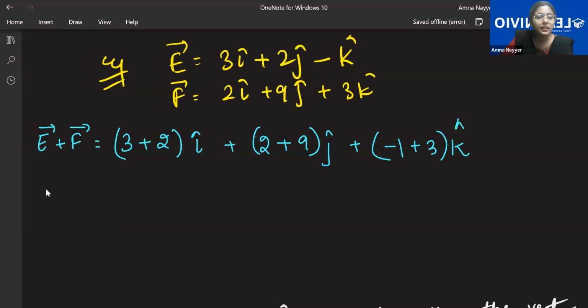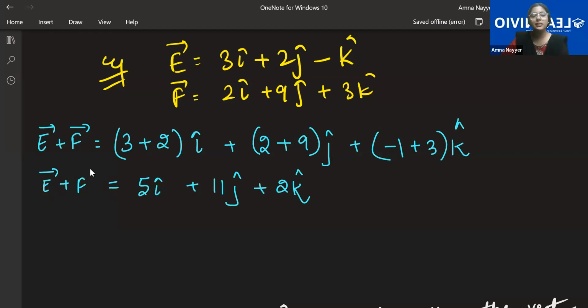Correct. Now we can write this as 5 I cap plus 11 J cap plus 2 K cap. So this is the resultant, that is E plus F.